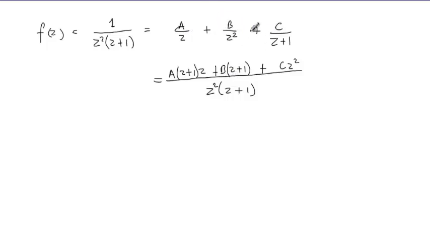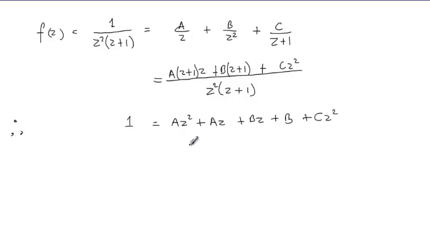Now, having written these 3 terms as a single fraction like this, we can compare this right hand side with this fraction here. Since they've got the same common denominator, we can conclude that 1 is equal to a z squared plus a z plus b z plus b plus c z squared.